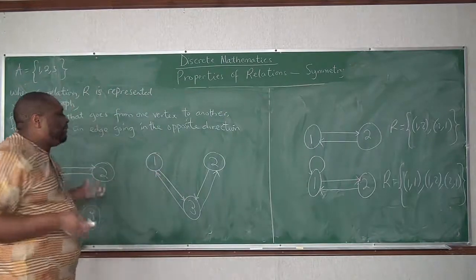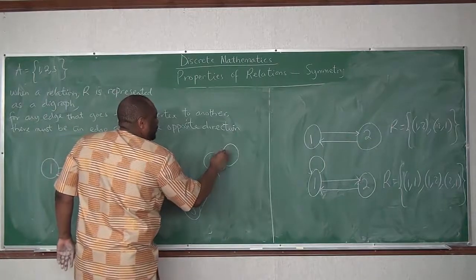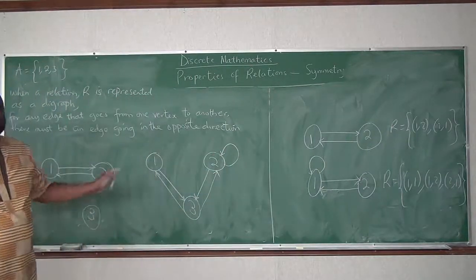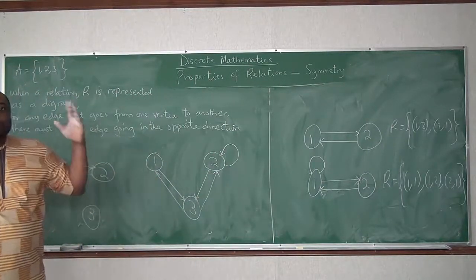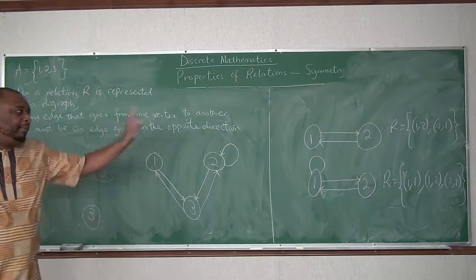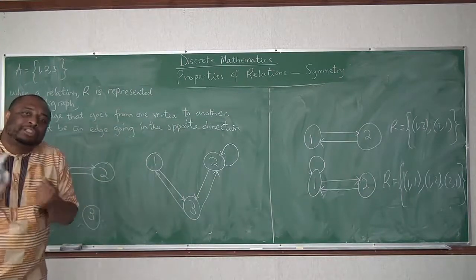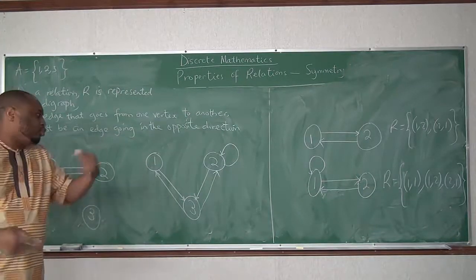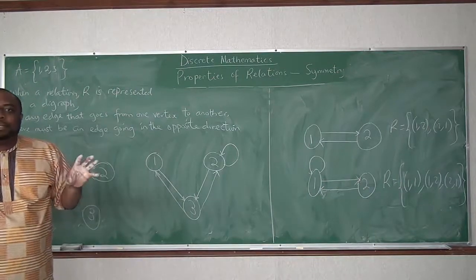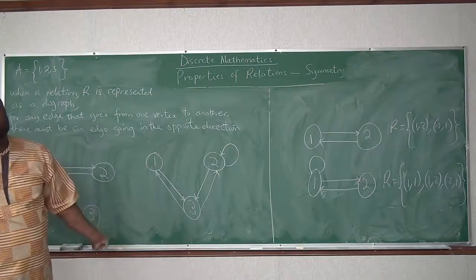And it does not matter if you have 1 to 1 or 2 to 2. You can still have a loop. You must not even have 1 to 2, but if you do have 1 to 2, then you must have 2 to 1. For any one-way edge, you must have another one going in the opposite direction.